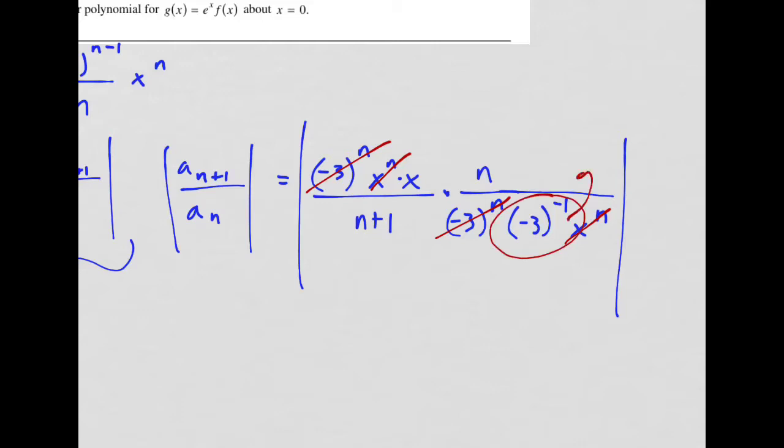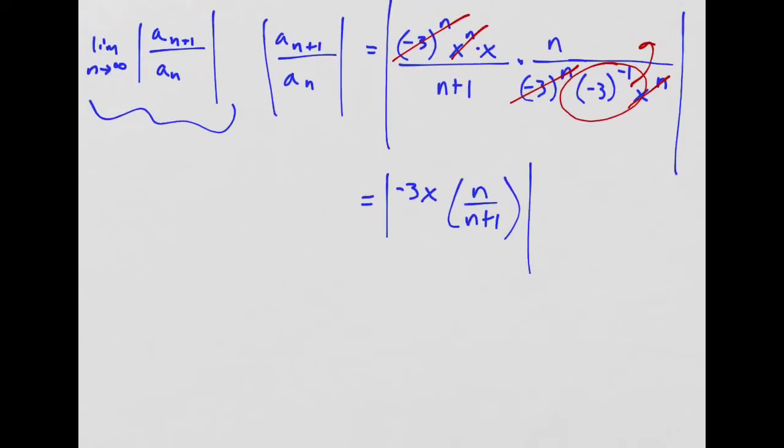The negative 3 I can move up to the top. So what do I get? I get x, n over n plus 1, and a negative 3 out in front, raised to the 1 power, because I take that and move it up, and it becomes positive. And there we go. So now I have to take the limit of this.